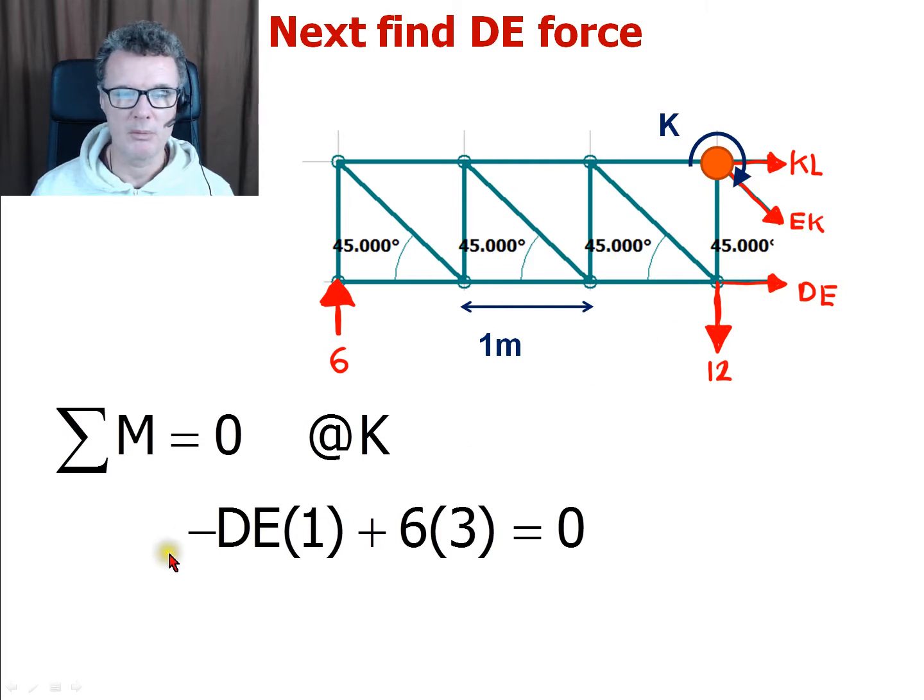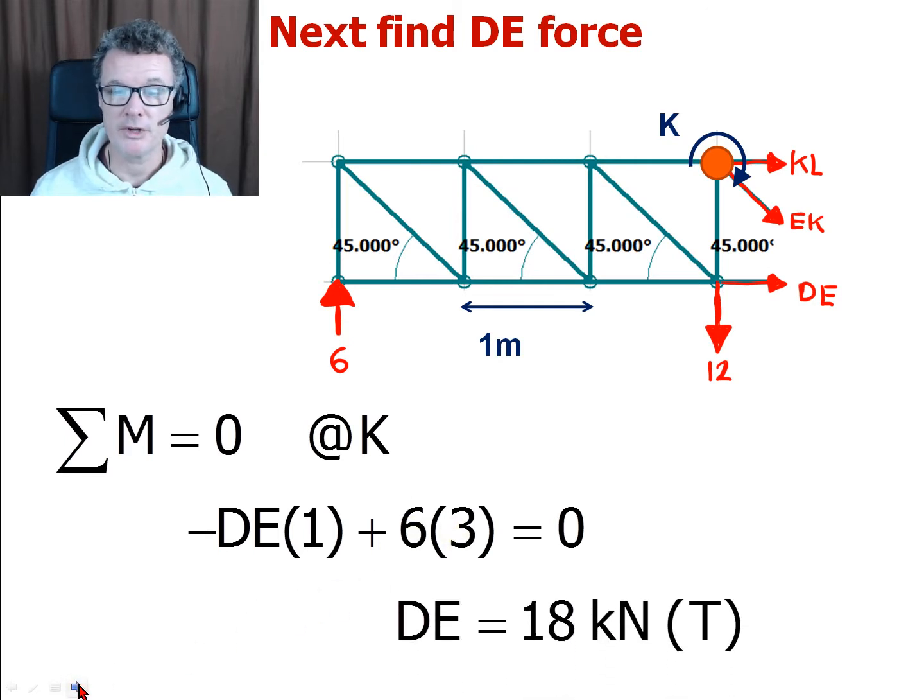So that means that we have a minus DE times 1. This 6 is over here, so we want to pretend that it moves up to this position here and then measure it. So it's going to be 1, 2, 3 meters away. So we've got 6 times 3. We rearrange that and it'll be easy enough. DE equals 18 kilonewtons.